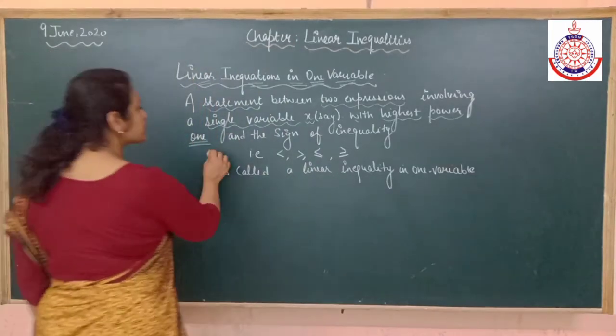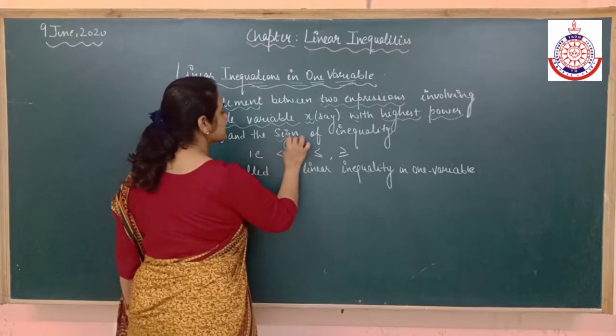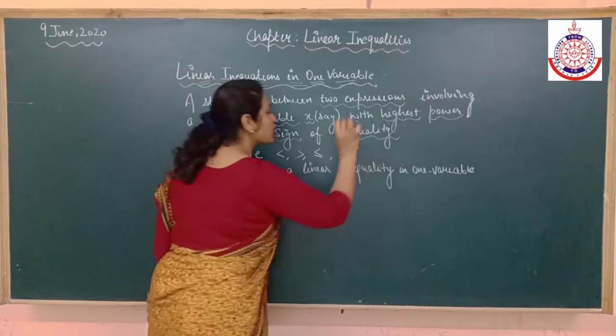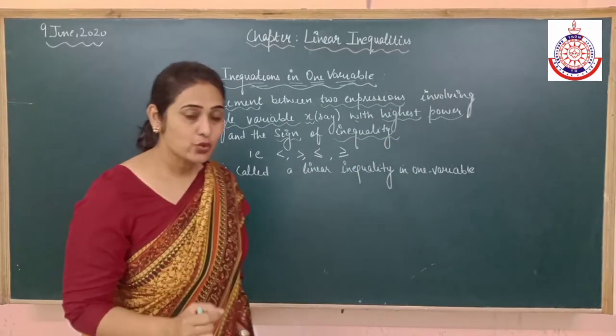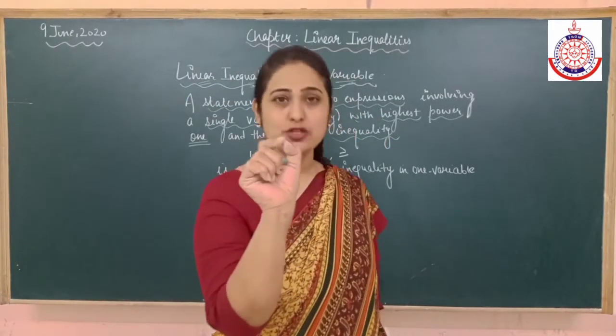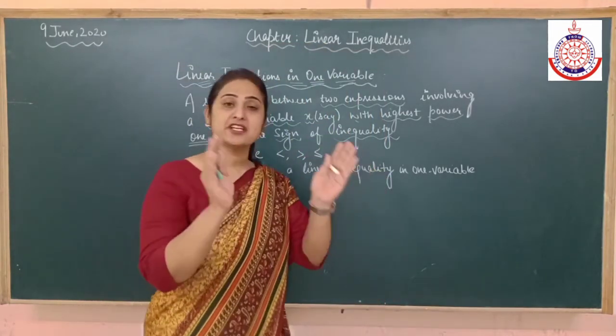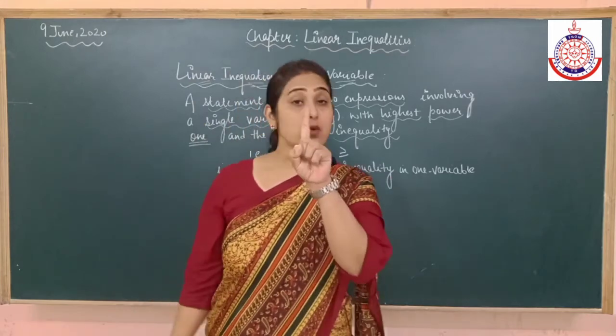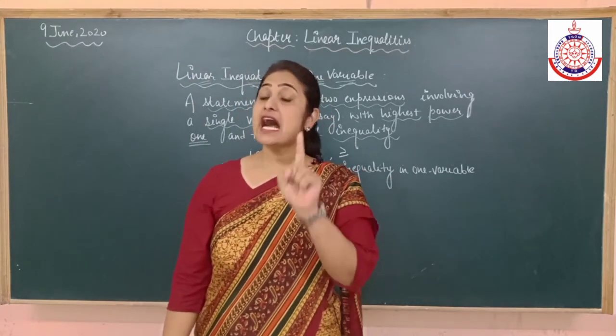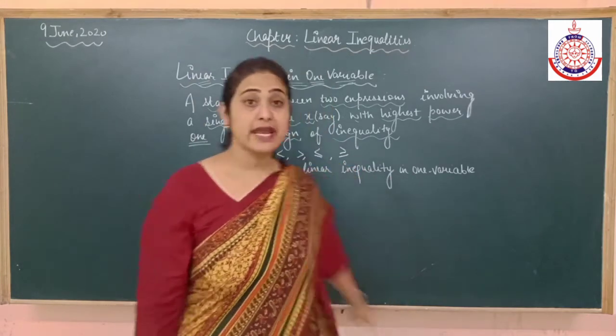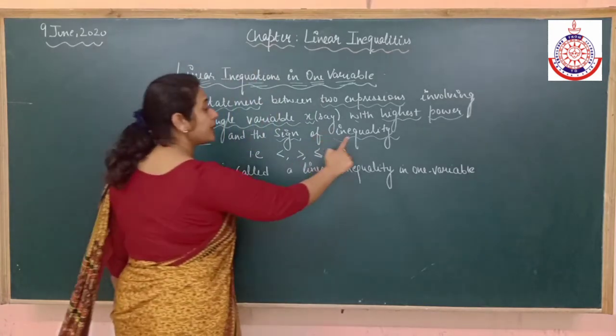So with the highest power 1 and the sign of inequality, because we are not doing equations. Equation means equal to. When I say inequality, it is a statement between two expressions involving one variable with the highest power 1 and involving inequalities.